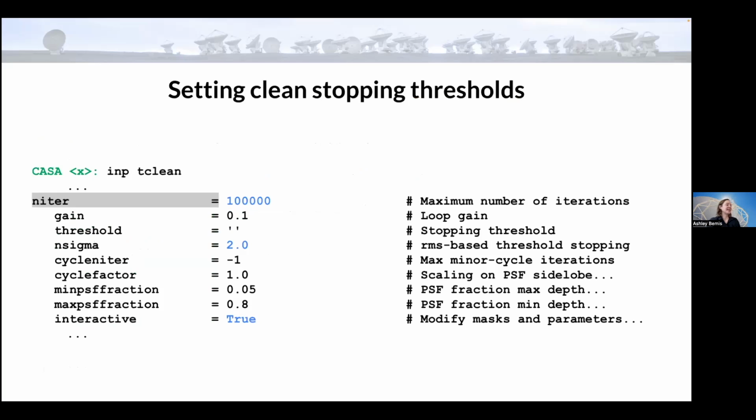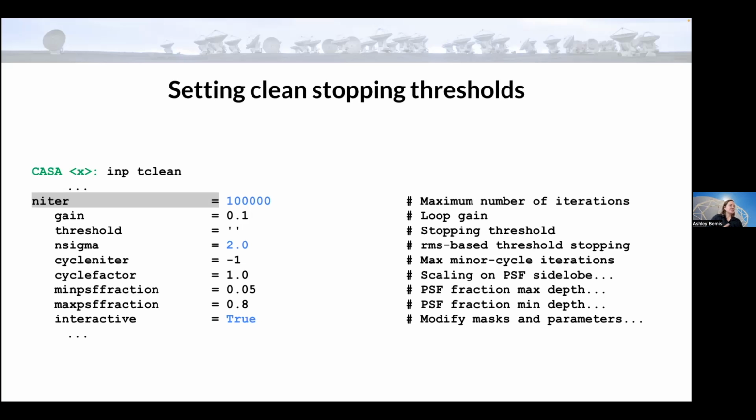And before we can clean, we actually need to set the stopping thresholds. So I have set niter, which is the maximum number of iterations that clean can run, to a very large number. This essentially ensures that the stopping threshold is determined by the automasking that I've selected, but I've also specified here this parameter nsigma equals 2.